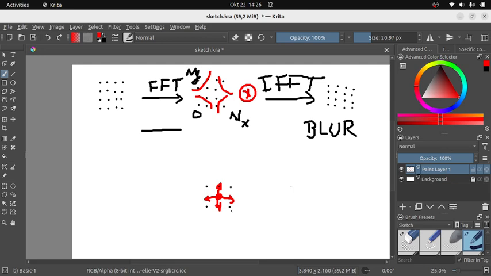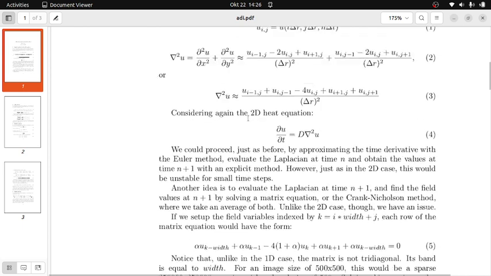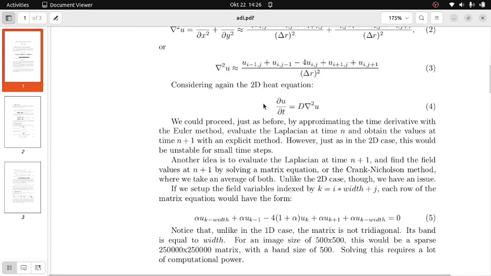or else the method would be unstable. So if we put again the 2D heat equation, we can just do an Euler method, for example, approximate the time derivative with an Euler method, and use an explicit one. But then we would have the same problem as in the 1D case, that for a very large time step this scheme would be unstable, and we could fix this with an implicit method like backward Euler or Crank-Nicolson.